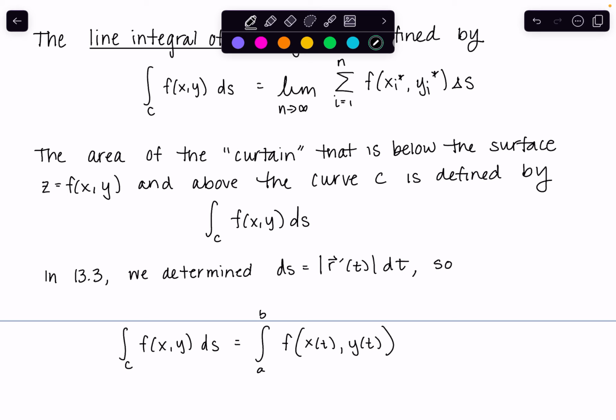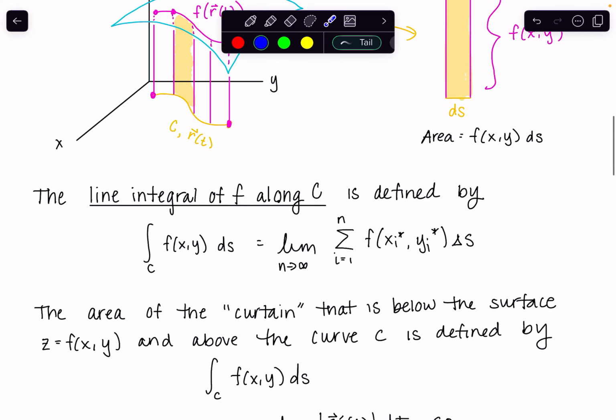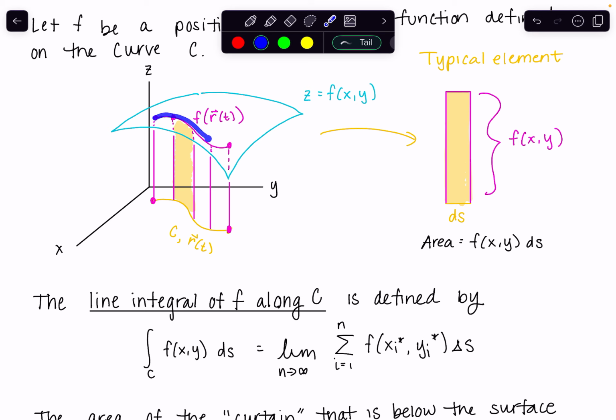And then ds turns into the magnitude of r prime of t dt. So these pieces have to be replaced by t because, again, we're looking at the function on the curve. We're evaluating it at r.